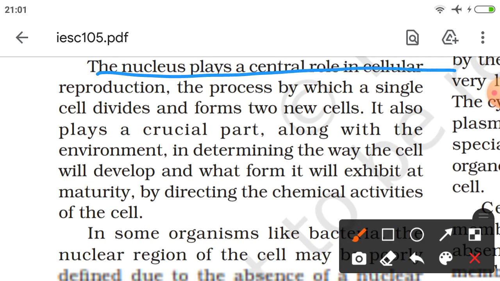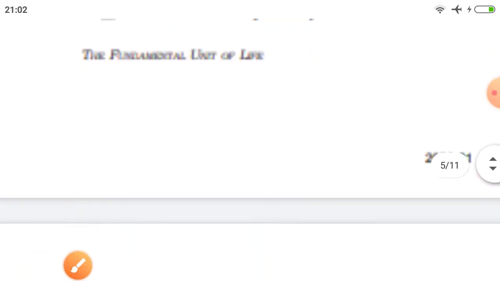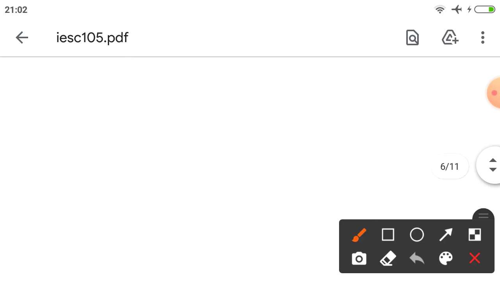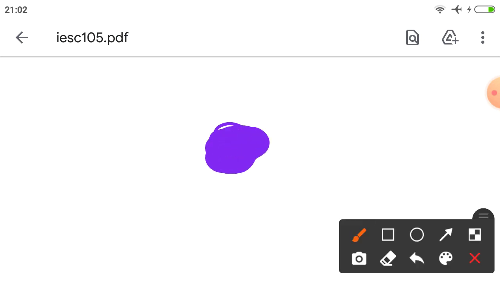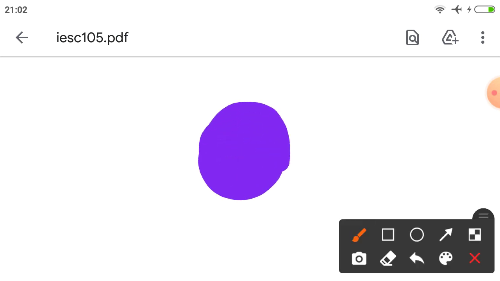Nucleus plays a central role in our cellular reproduction. So let me tell you about this paragraph also. Nucleus plays a very important role in cellular reproduction.